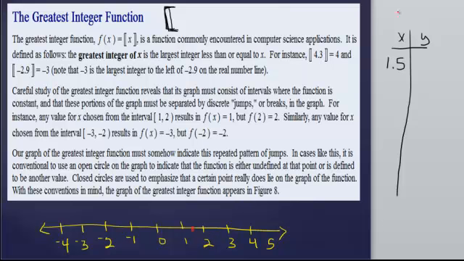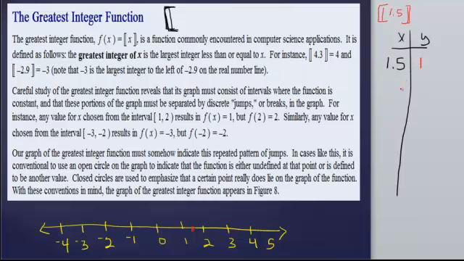Greatest integer function, if you had this greatest integer of 1.5, it would mean find the greatest integer just less than or equal to this number. Well, this number is not an integer. So what we want to do is get the one that is just less than that number. That would be a 1.